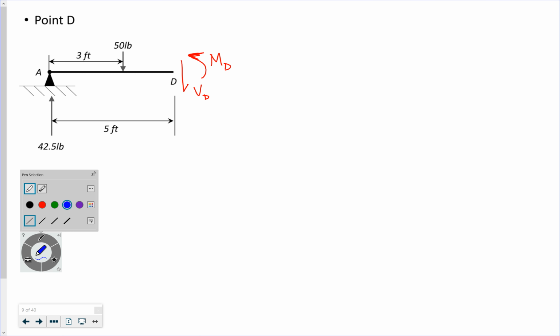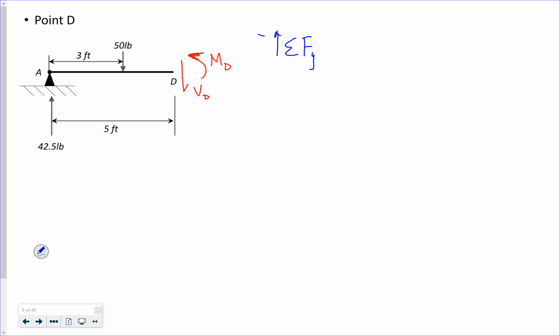So let's do the sum of the forces in the y direction. Acting up, we have 42.5 pounds. Down, 50 pounds, right?